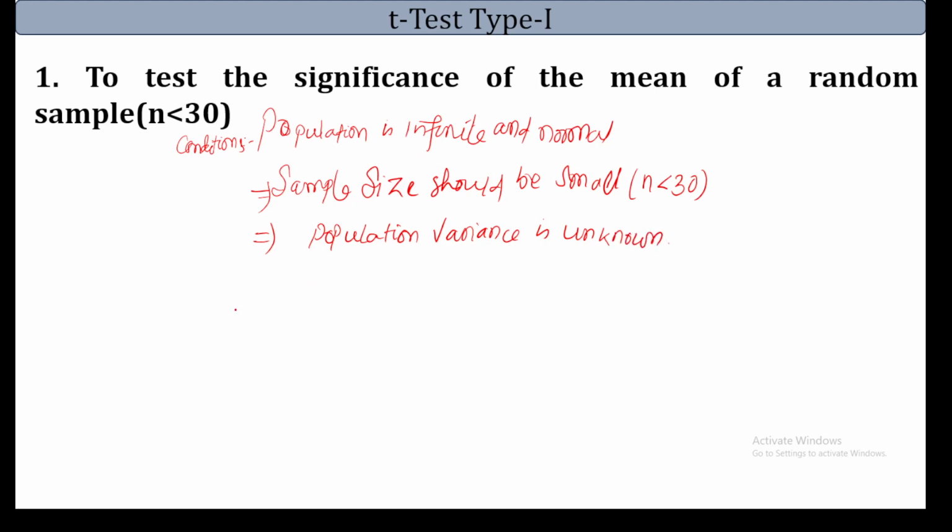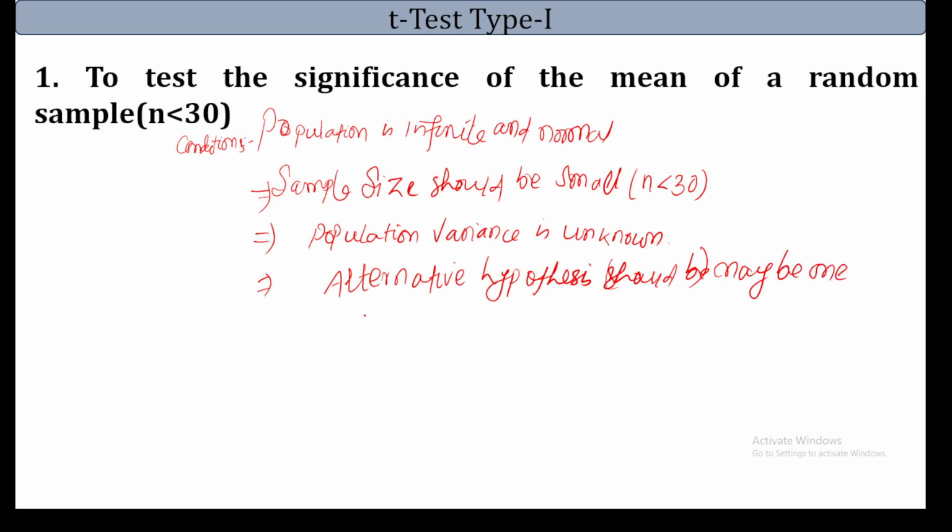One more thing: the alternative hypothesis should be one-sided, either left tailed or right tailed.